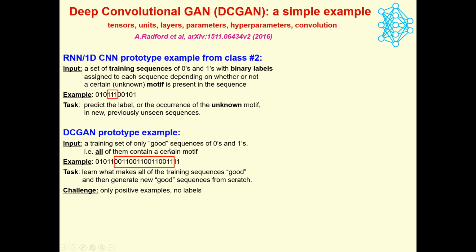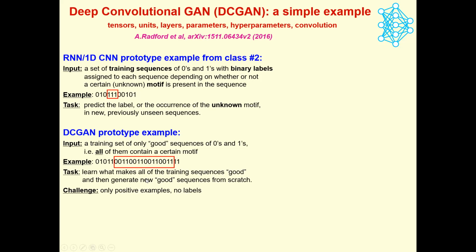We will be given sequences of zeros and ones, but this time, all of the sequences contain a motif. For the motif, I will use a longer one, 0, 0, 1, 1, repeated 4 times, so the total length will be 16, and the entire sequence also will be longer, not 10 characters, but 128 characters. So the main difference is that all of the sequences now contain the motif, and there are no negative examples.